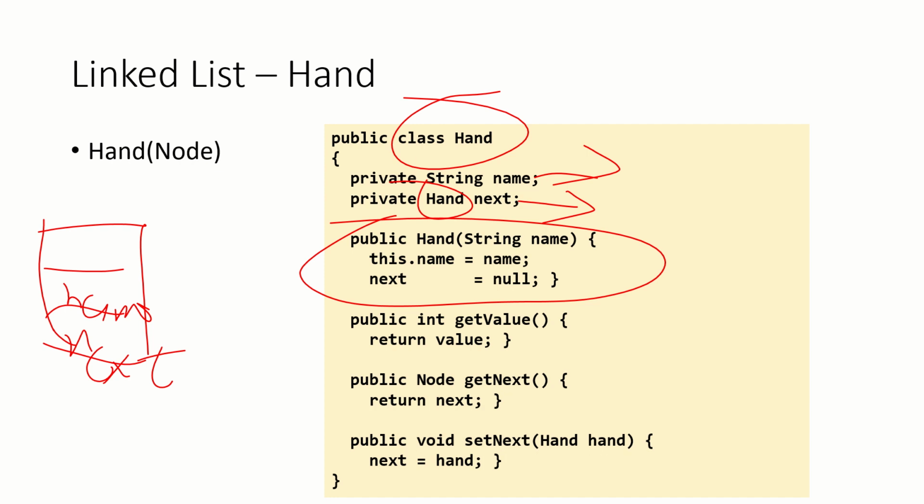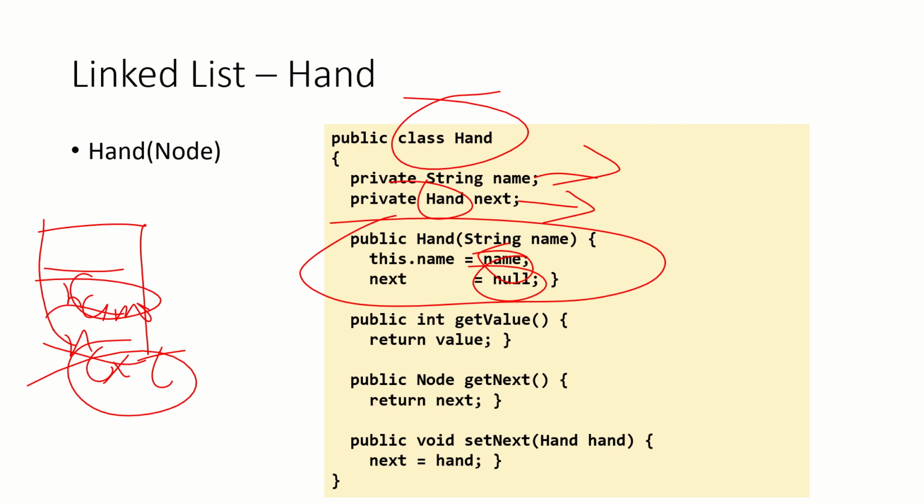In this constructor, we want the user to give a name to this hand, right? And without giving the next hand. That's the reason over here. Once you create a hand, it has a name and no next hand reference, right?